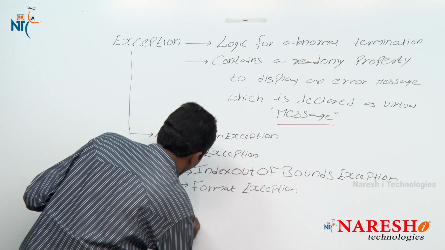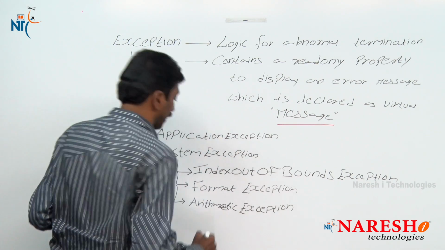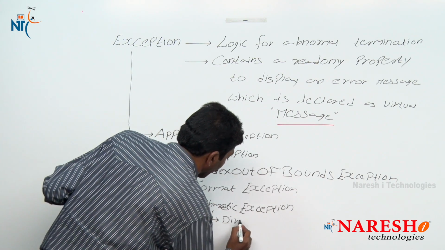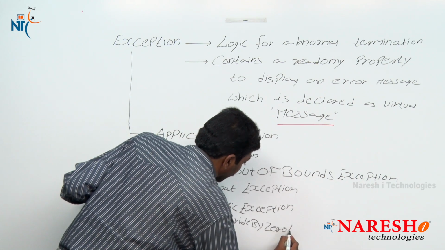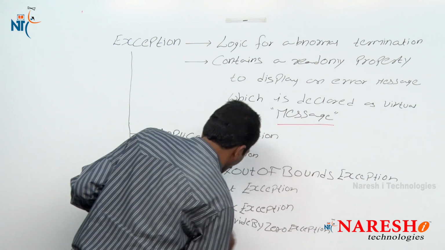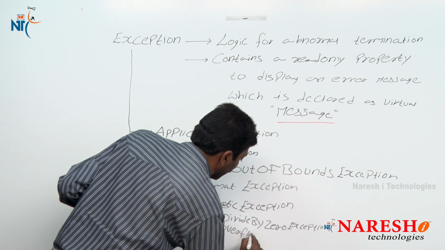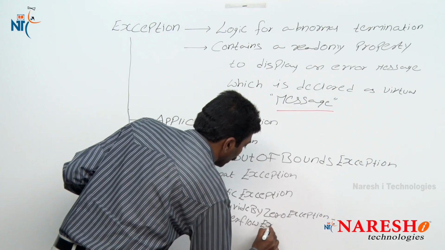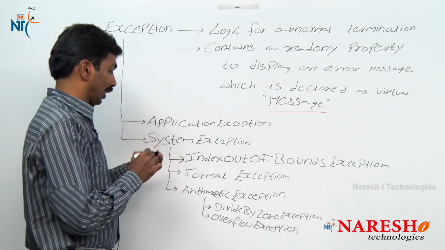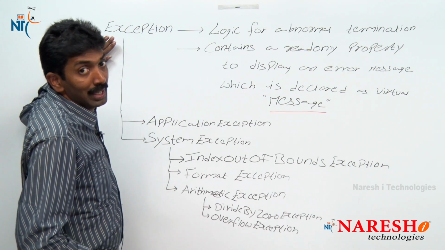And next you have arithmetic exception, and under this arithmetic exception we have divide by zero exception and overflow exception. All these things come for you in this hierarchy. There are only a few classes here to understand the concept, but there are so many classes. But don't forget, the parent class is always exception.